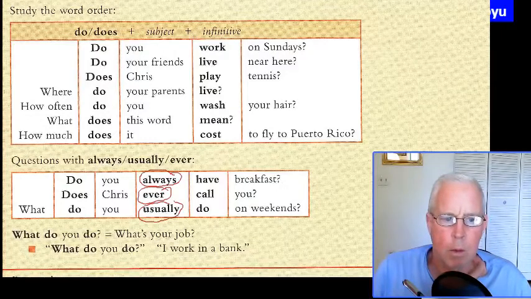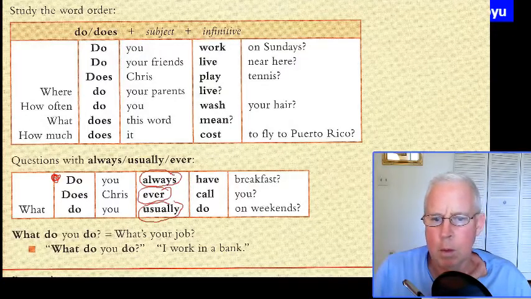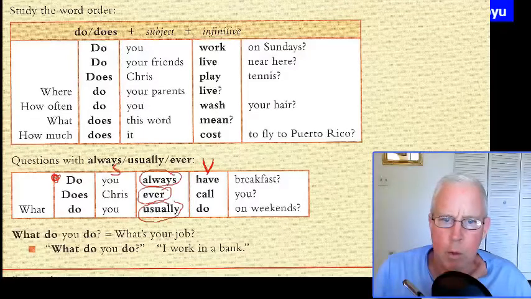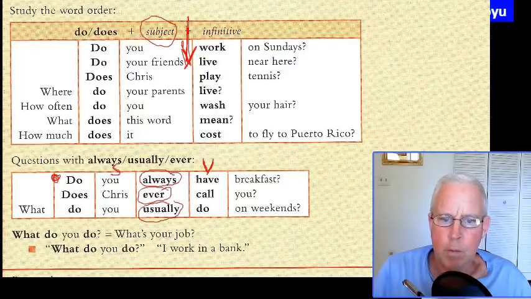Well, do you always have breakfast? So they go between the subject and the base form of the verb. I'll call it V. So if we look up here, they would go right here, these words, between the subject and the infinitive.